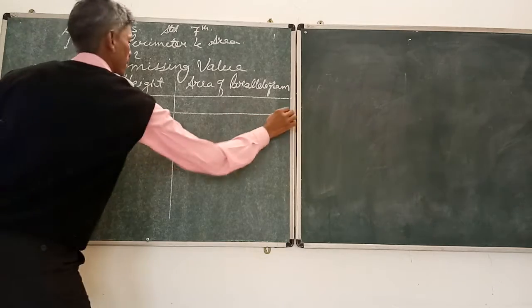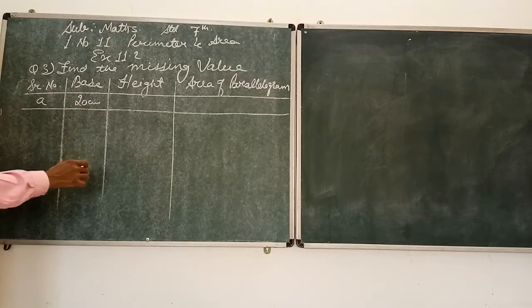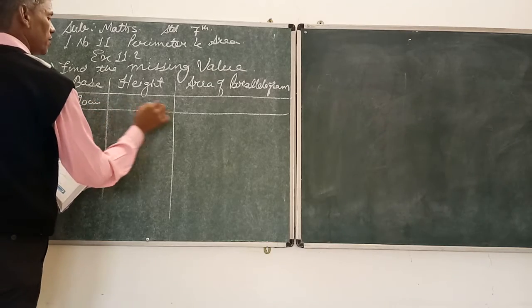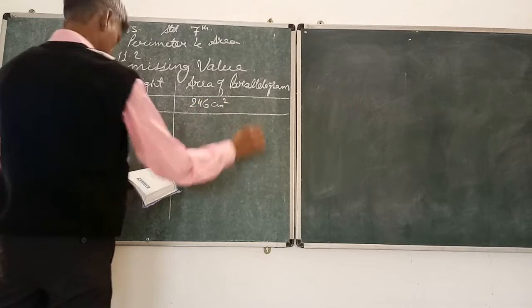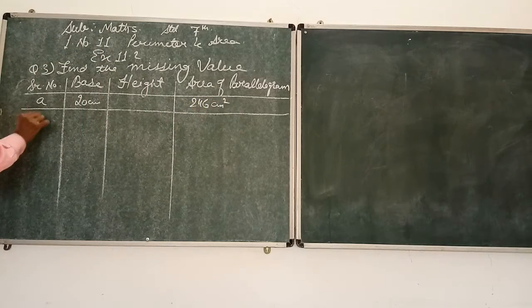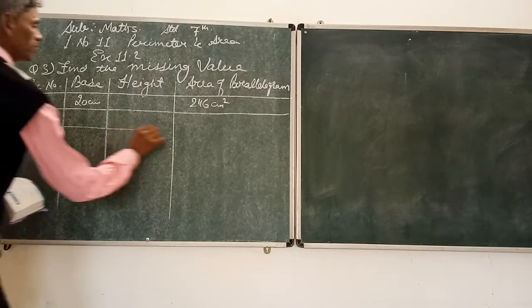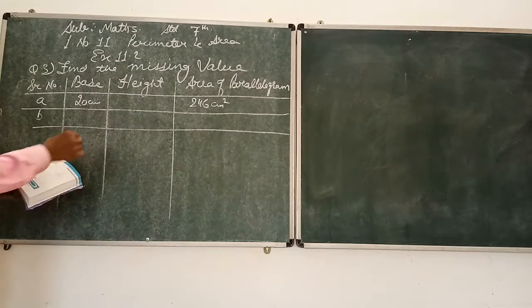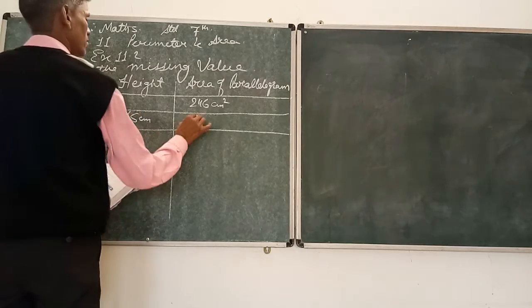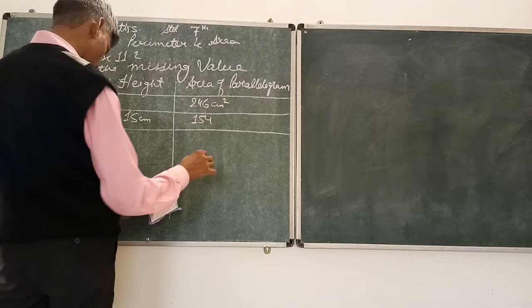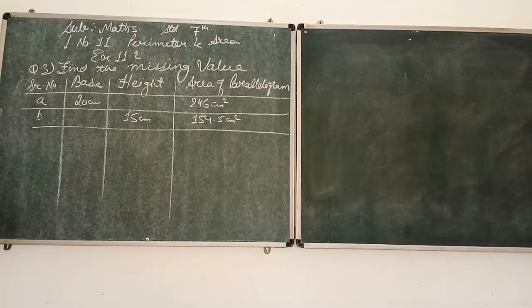A, then 20 centimeter is base. Your height is not given. 246 centimeter square. B is not given. Then height is given, 15 centimeter. 154.5 centimeter square. Area of parallelogram is given.